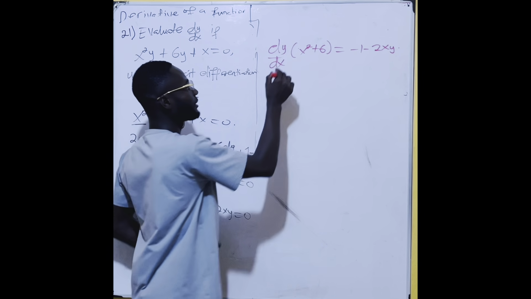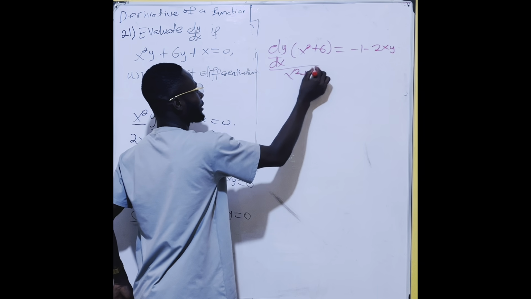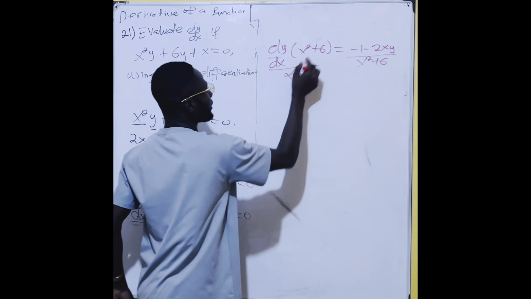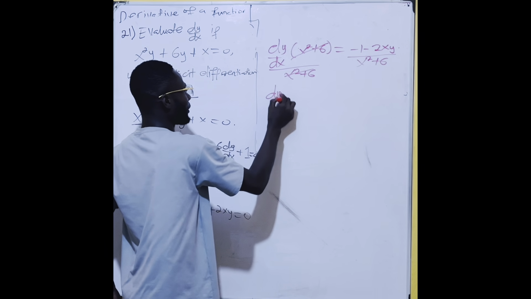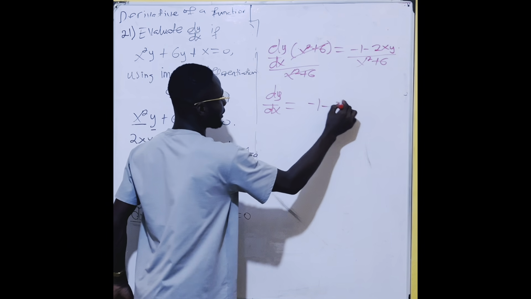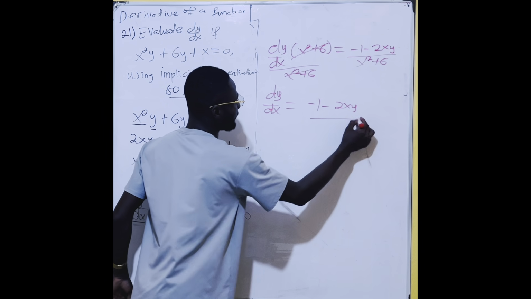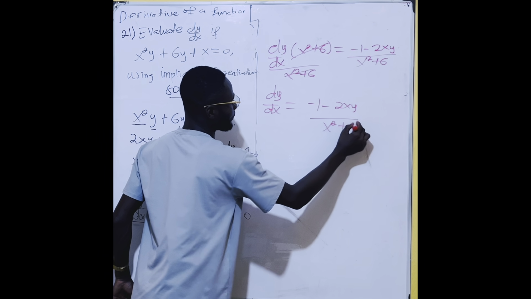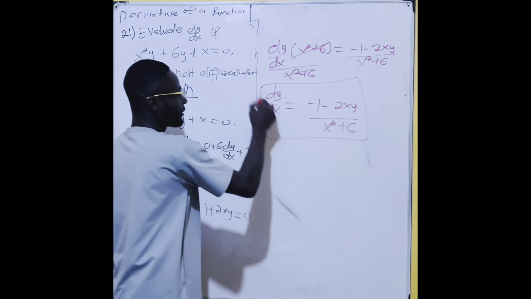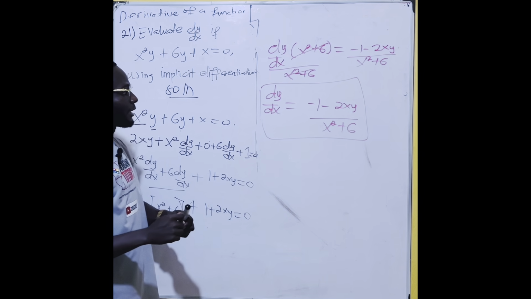So we divide here by x squared plus 6, here by x squared plus 6. So this cancels this, and we have dy dx equals negative 1 minus 2xy divided by x squared plus 6, right? So we have this as our dy dx.